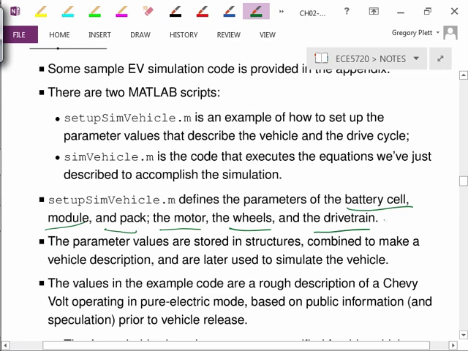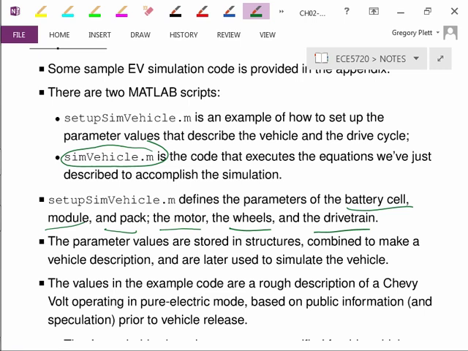Now you could pass all of these variables into simvehicle.m discretely, independently, but it's much nicer to have them organized, in my opinion, in a structure where everything can just be passed as one item instead of a lot of them, and that, I believe, also reduces the likelihood of making errors by typing things in the wrong order, for example.